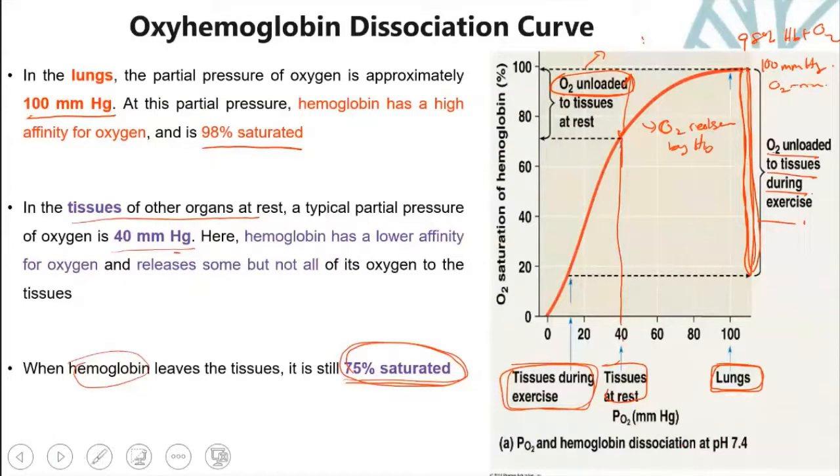Tapi bukan semua oxygen will be released from the hemoglobin. After that, the hemoglobin is still about 18% or 20% saturated with oxygen. There is still oxygen bound to the hemoglobin.